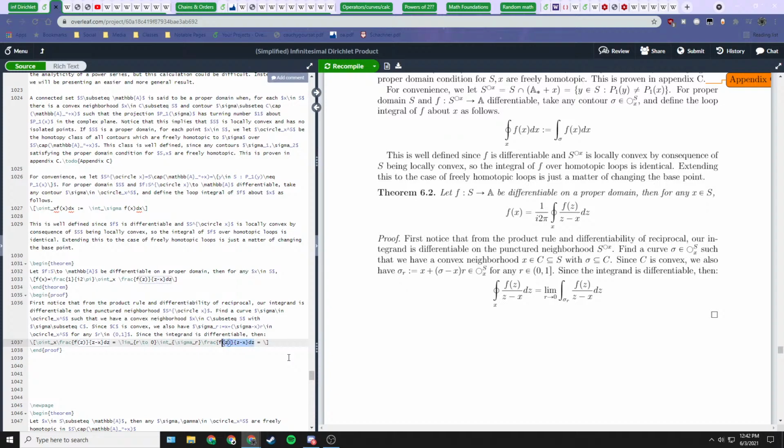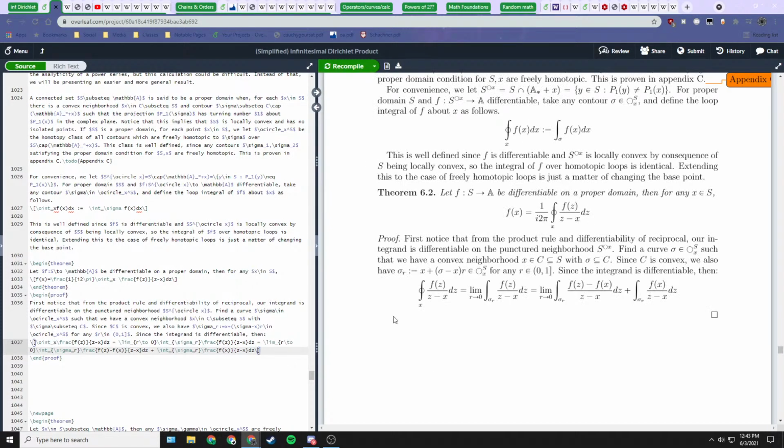So actually what we want to do is take this integral about x, and we can do that before we do the limit. We're going to subtract f of x in the top, and then add the same integral, but just with f of x in the top.